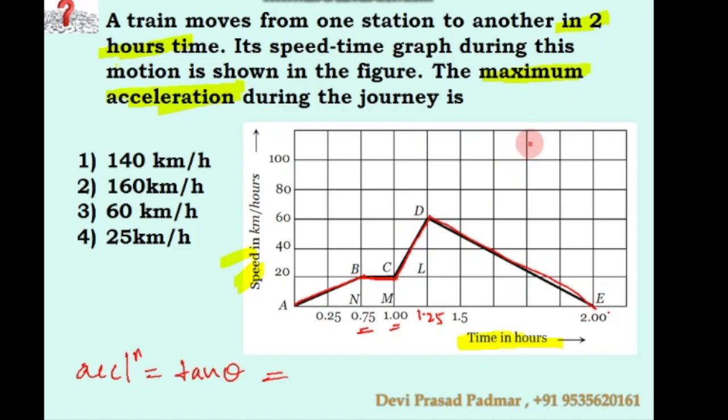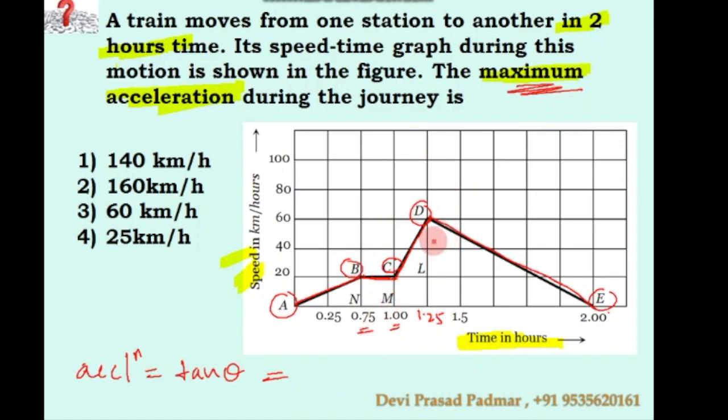Maximum acceleration means you need to consider maximum slope. Out of AB, BC, CD and DE, which one has maximum slope? That is nothing but CD, right? So the line CD has maximum slope, therefore there you need to calculate acceleration.